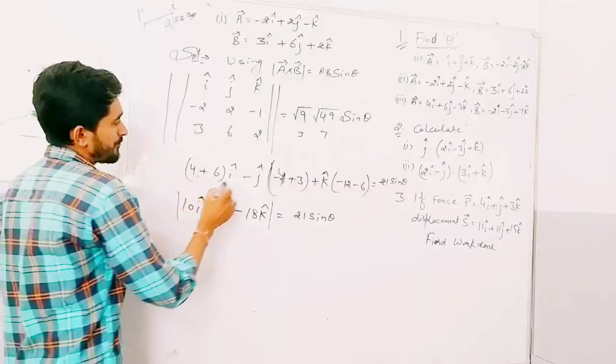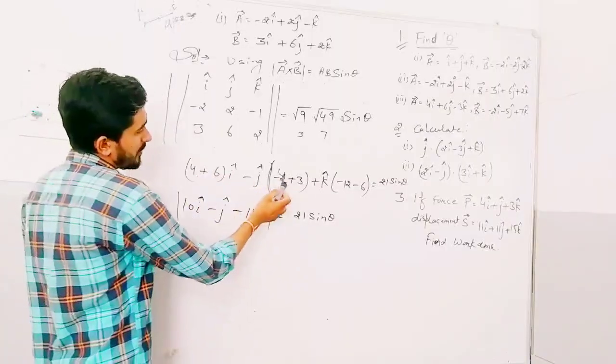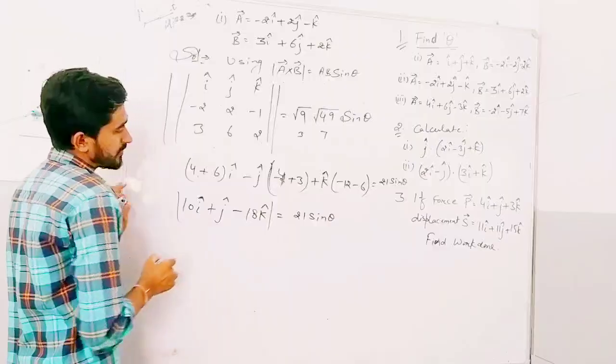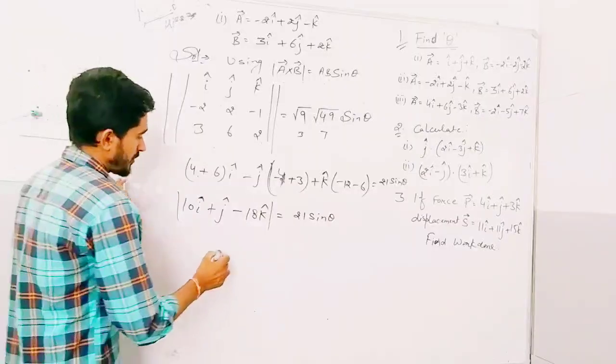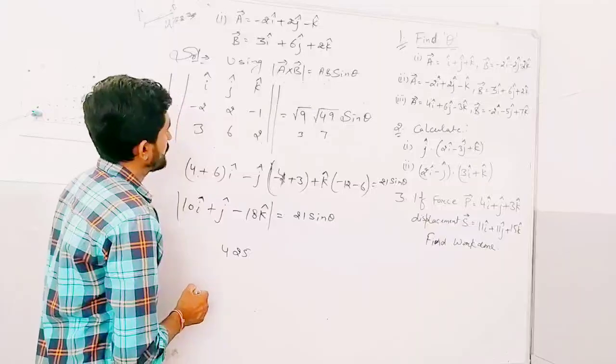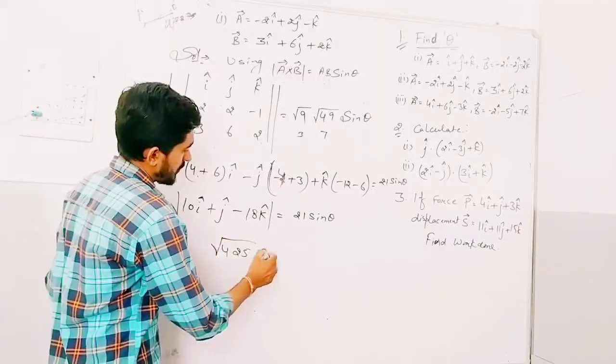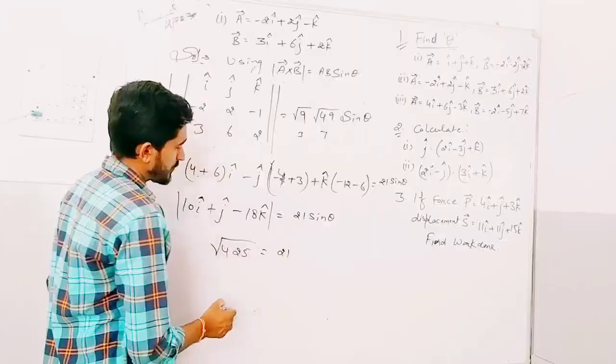Now 10, here we have minus 1, this becomes plus 1, 25. This gives me 425 under root, and here we have 21.